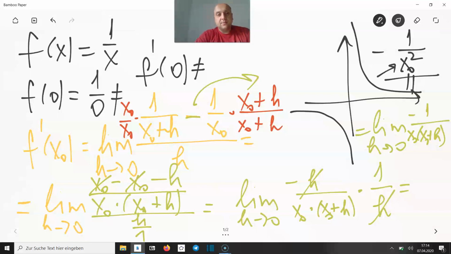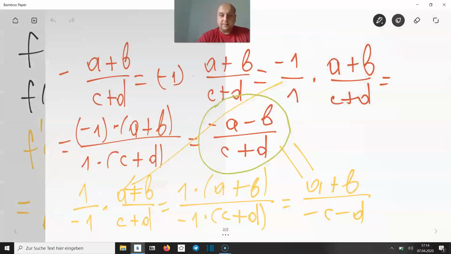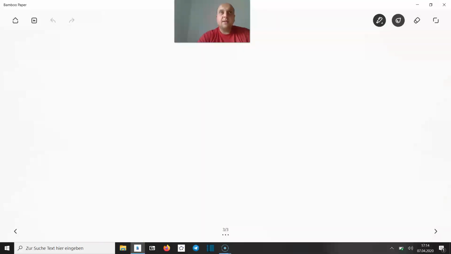So far so good. This is the first bad boy. That means if the function doesn't live at a point, it's not possible to describe this function well enough with a tangent line. Alright, the first bad boy is done.